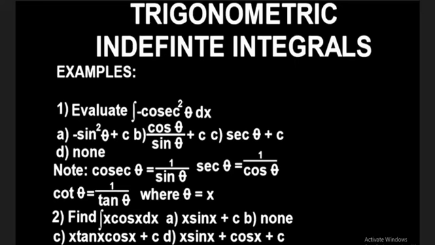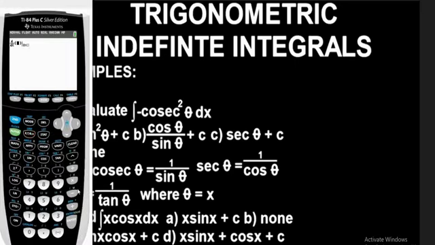So we have minus, make use of this minus sign, guys, or you can choose to use this one. Now this one will work. Let's try this one. So we have minus sine squared theta, which is the same thing as minus sine theta. We replace theta with x. Then we will close the brackets and then put your square.